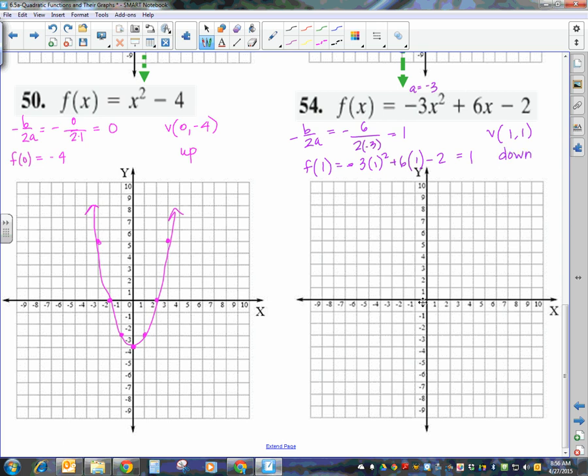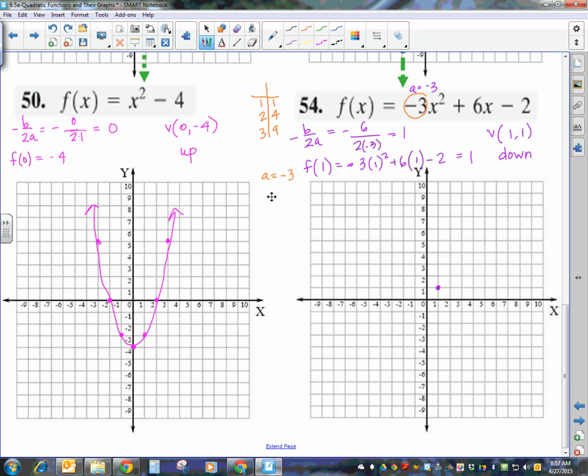So I'm going to plot the point 1, 1. Now, as I said, this one is special, very different, because in this problem, a equals -3, not 1. So the key points I had on there, I'm going to write them up here for you: 1, 1, 2, 4, 3, 9.